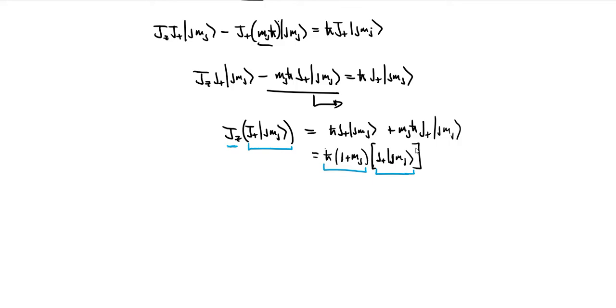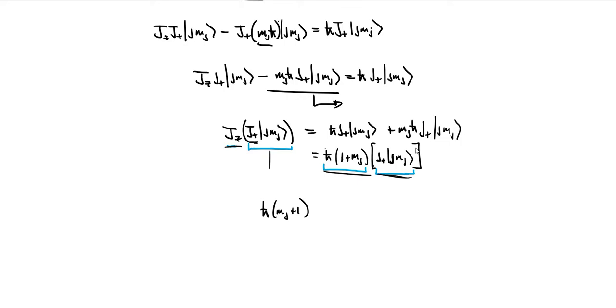And we know the eigenvalue of it: J_z operating on this is just ħ(m_j plus 1), the one up in the manifold defined by that given j, right?